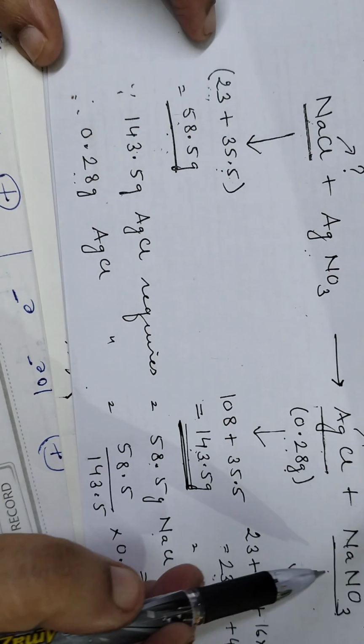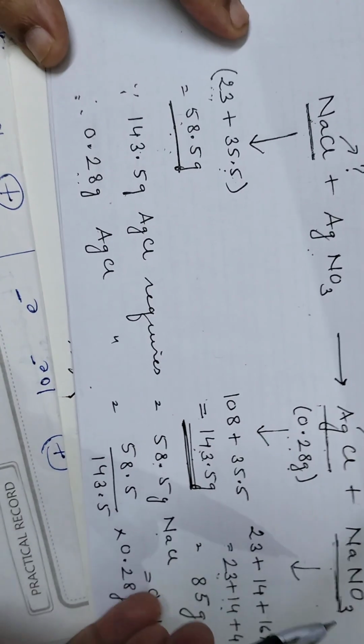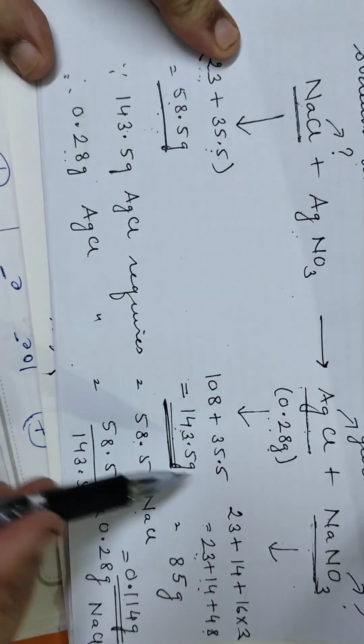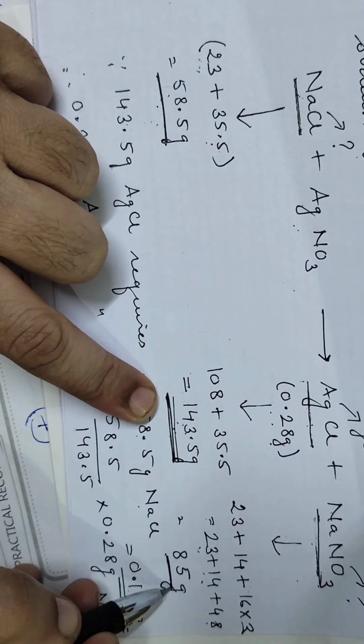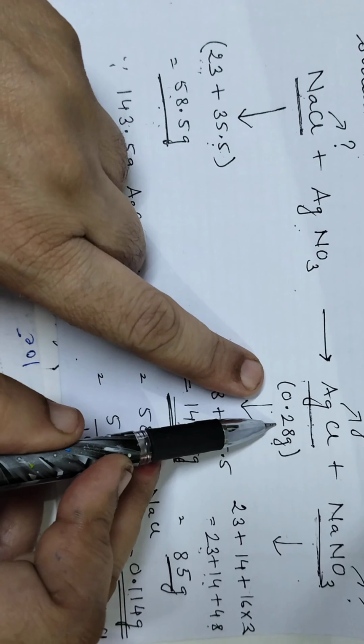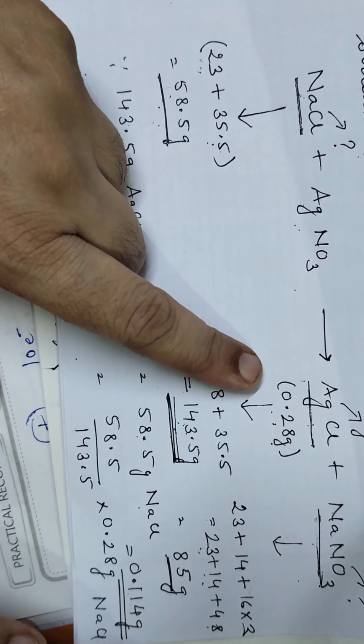Similarly, you will calculate for NaNO3. When you are taking AgCl 143.5 ग्राम, तब NaNO3 बन रहा है 85 ग्राम. तो अगर 0.28 ग्राम लेंगे तो NaNO3 कितना बनेगा?